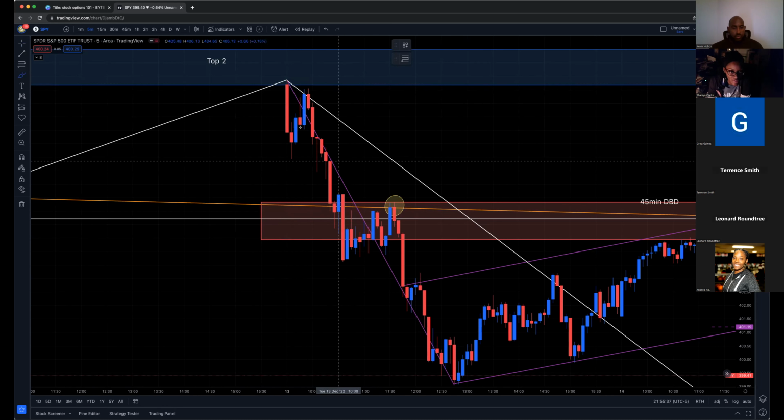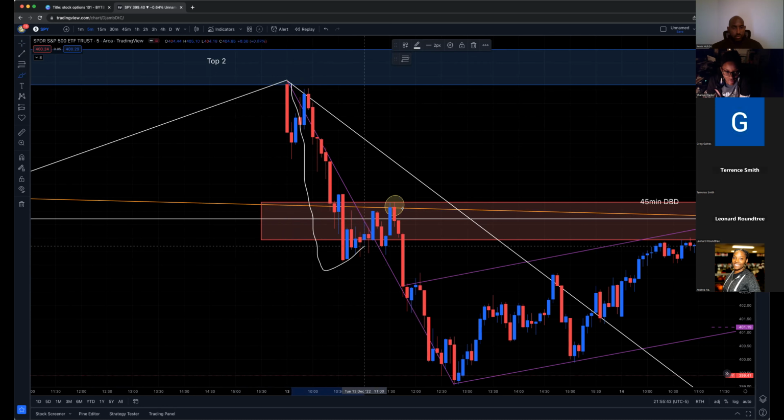remember that everything that goes up must come down. Everything that goes down comes up eventually. All right. So this is what we call pullbacks. You can also consider this to be a small little bear flag forming. All right. But when you see pullbacks happening, and if we're telling you, hey, we're looking to take profit down here at 402, then that lets you know, okay, it looks like it's pulling back into this area.